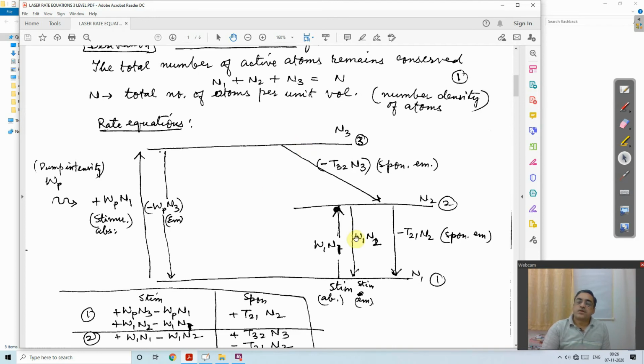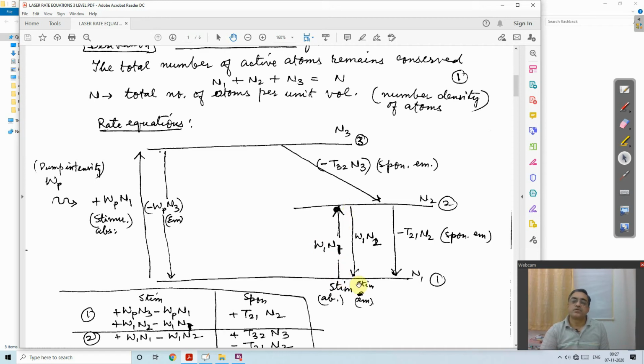So again, under the action of a pump source, we see an upward absorption, that means upward journey, that means stimulated absorption under the stimulating radiation is possible with the probability W1 and the number of atoms present N1.